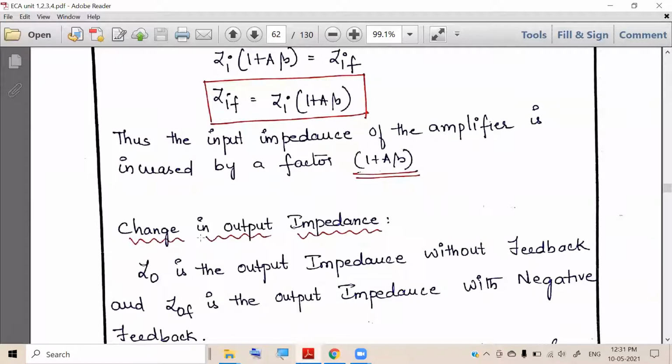How to find output impedance? What are the rules? Fast please. Easy question. We must have discussed this many times while studying the first unit.